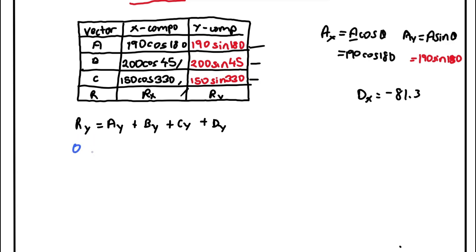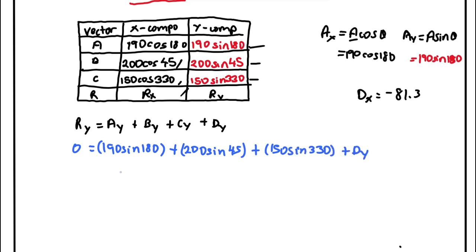Our resultant is 0. AY is 190 sine 180 plus BY is 200 sine 45, CY is 150 sine 330, and we are looking for DY. All these here, this plus this plus this gives us 66.4 is equal to 0 plus DY. DY is therefore equal to negative 66.4.